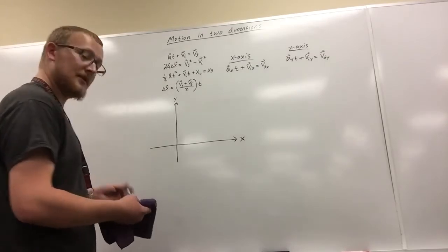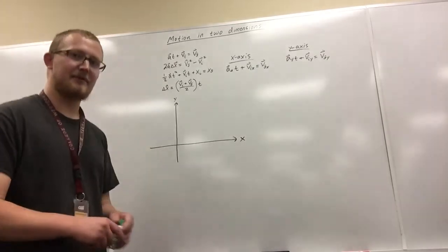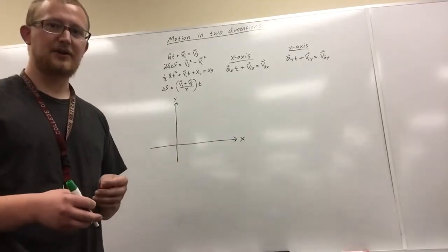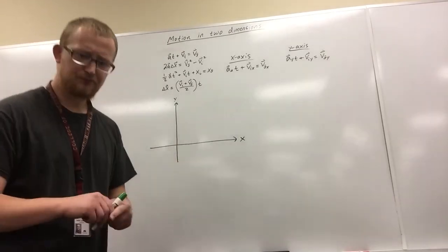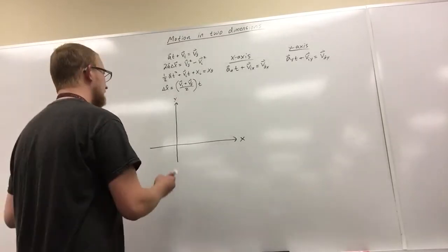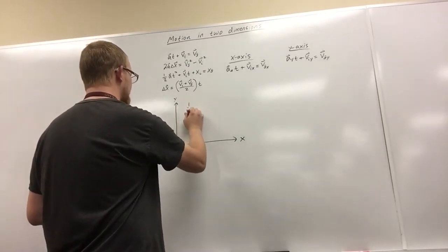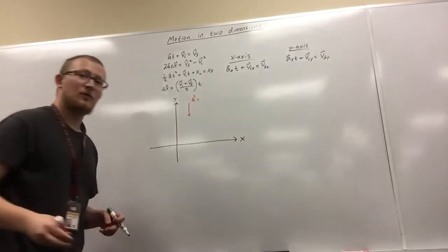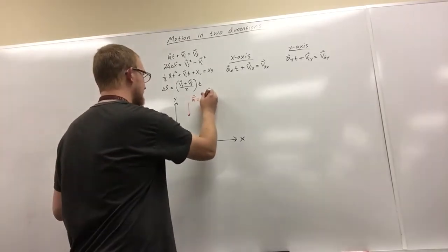So let's take a look at one of the most popular problems in physics, called projectile motion. In projectile motion there's only acceleration in one direction. We call that acceleration g.